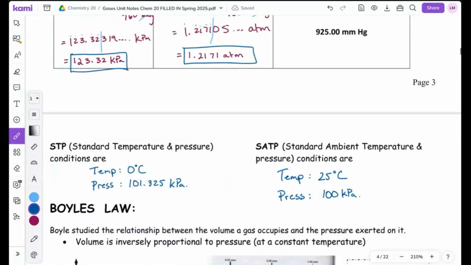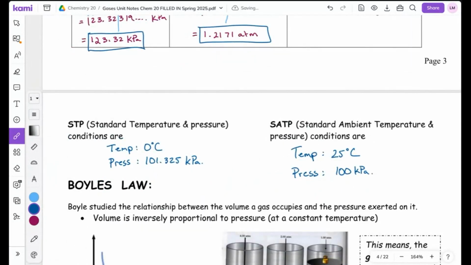Okay, so the reason why you need to know these abbreviations and why they are representing temperature and pressure is because sometimes you will get questions where they say, oh, you have this gas at STP or SATP, and you need to know that they're telling me what my temperature and pressure conditions are.